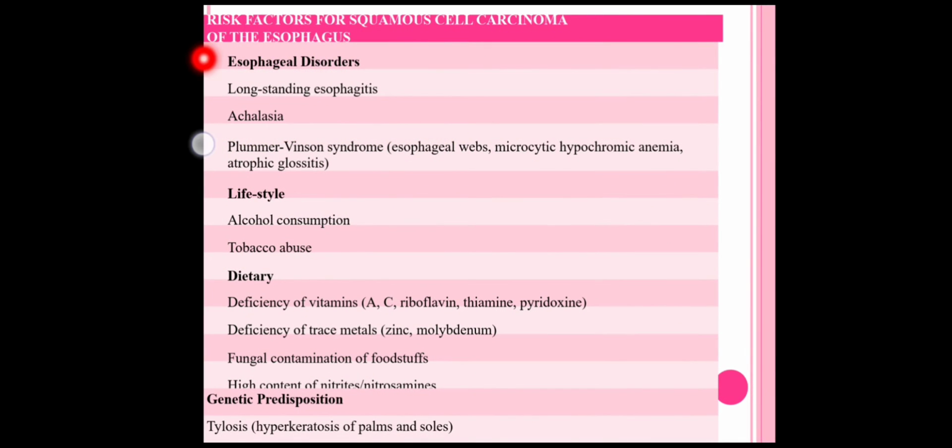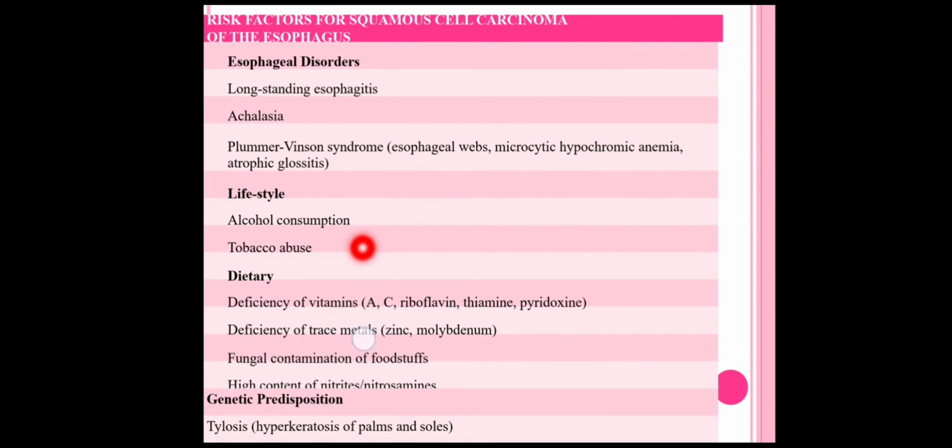Risk factors for squamous cell carcinoma are esophageal disorders like long-standing esophagitis, achalasia, and Plummer-Vinson syndrome. This is a triad of esophageal webs, microcytic hypochromic anemia, and atrophic glossitis. Lifestyle changes include alcohol consumption and tobacco use.